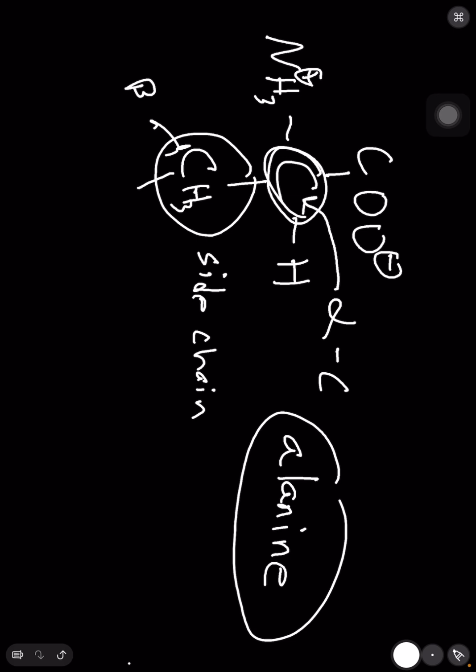I want to just start building here so you can see. This is a gamma. Then we have the delta. And then we have the epsilon. So alanine just has beta, but they can be longer.